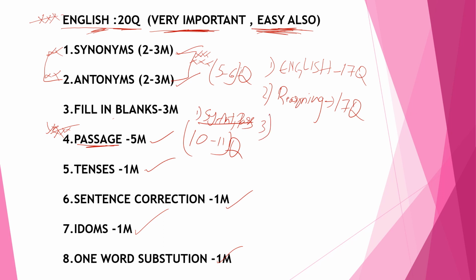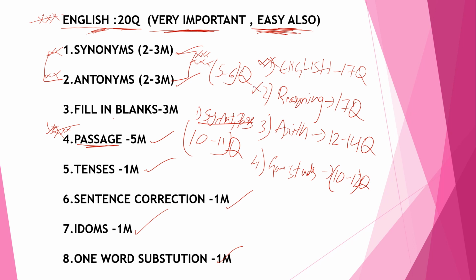Next, your target should be arithmetic. As I told, only 7 topics are most important there. From that, at least you need to score 12 to 14 marks, 14 questions you need to solve. Fourth, general studies. In general studies, at least you need to solve 10 to 12 questions.